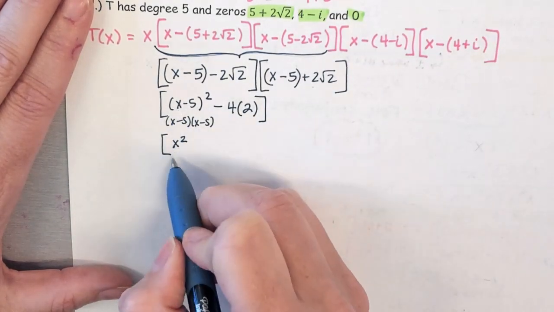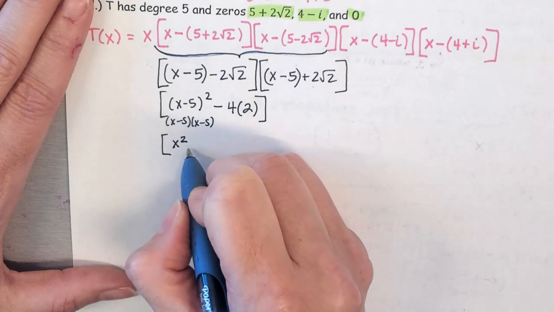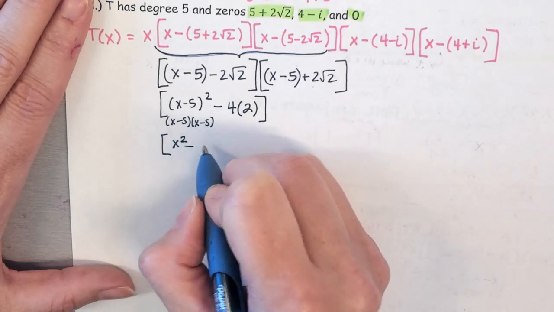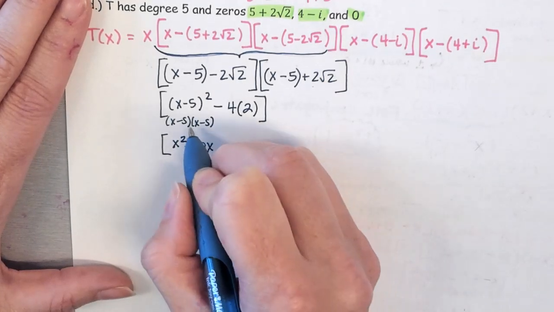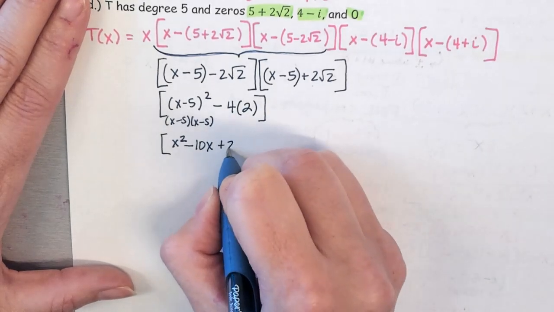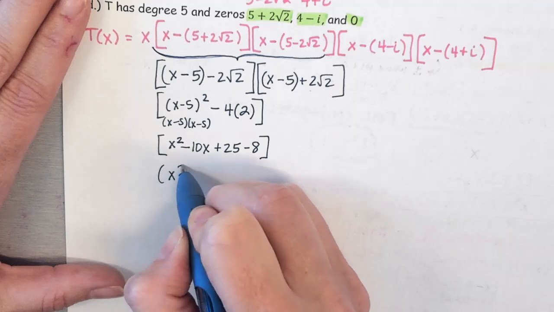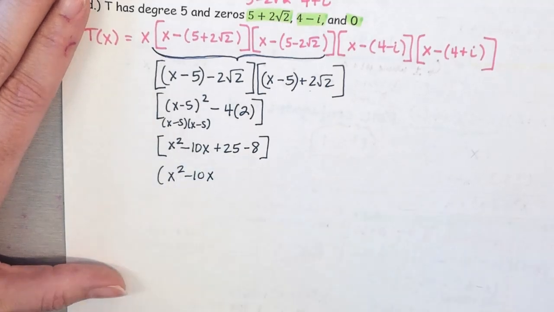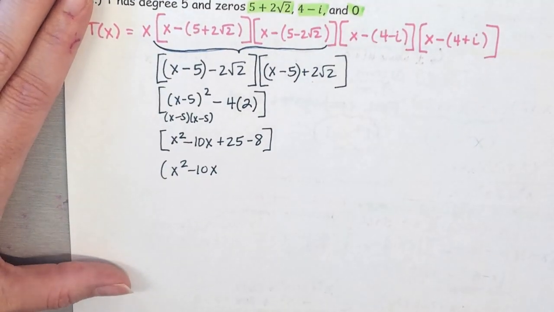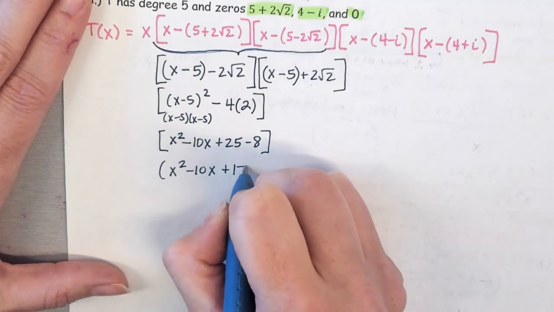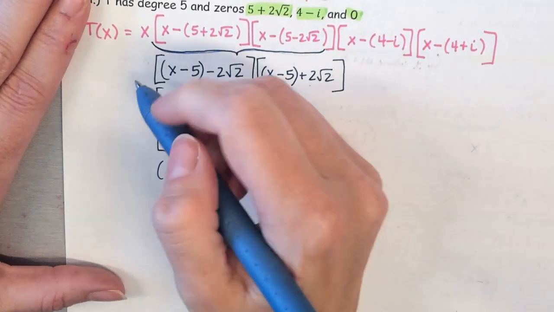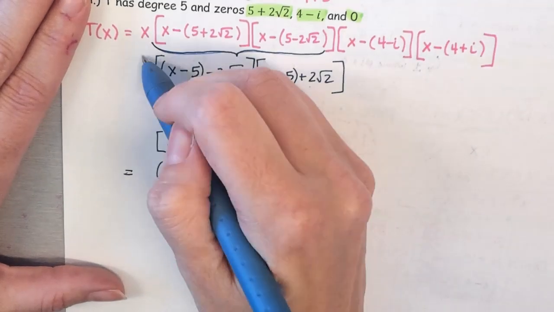Because it's always the first one squared, it's double negative 5 and negative 5. And then negative 5 squared is 25 minus 8.